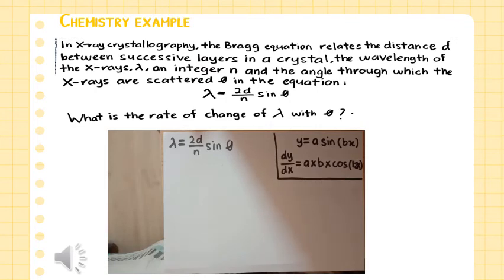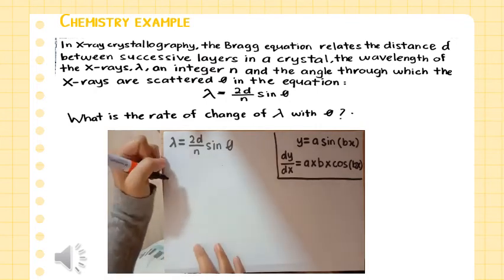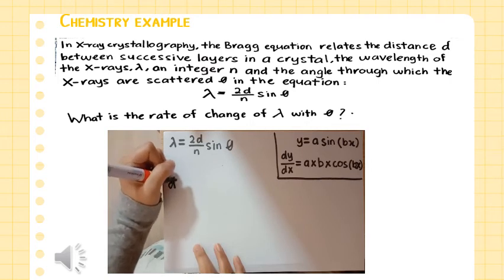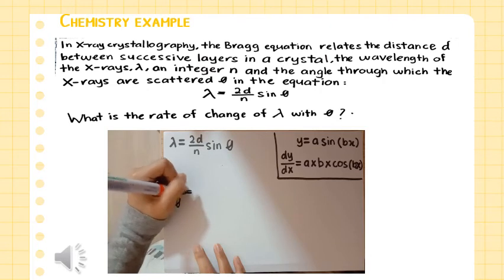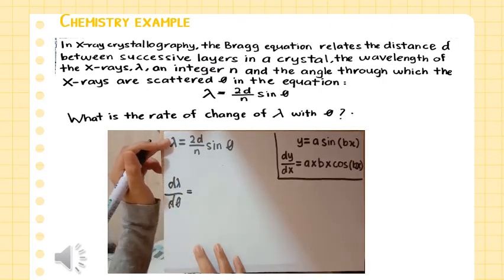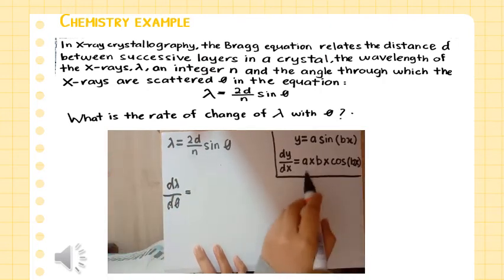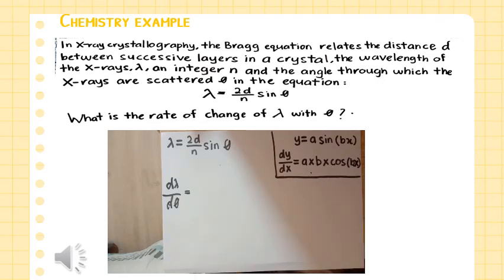So the rate of change of lambda with theta is d lambda over d theta, which is the derivative of lambda. So we use this formula: if y equals a sin bx, then dy/dx is equal to a b cos bx.